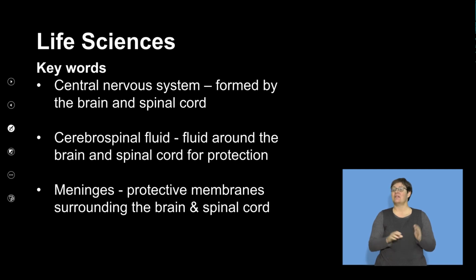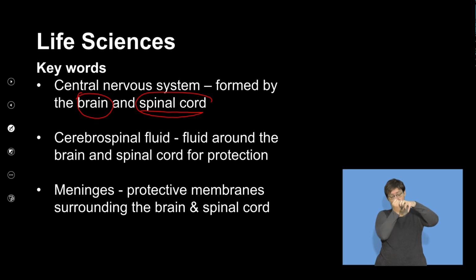The keywords that we're going to deal with here: central nervous system, which is formed by the brain and the spinal cord. Remember, it is formed by the brain and the spinal cord. Together, they form what we call the central nervous system.